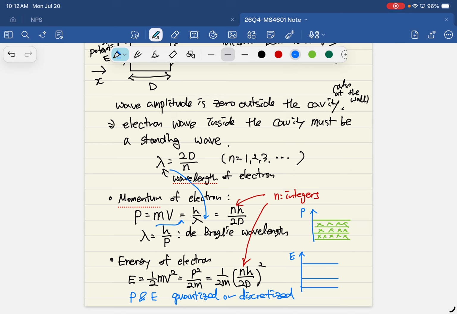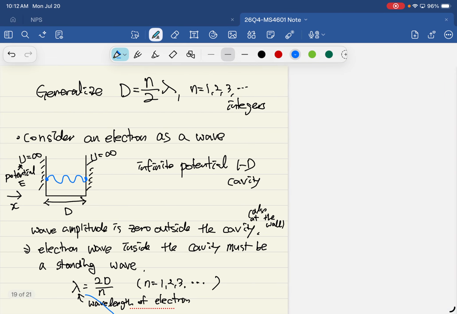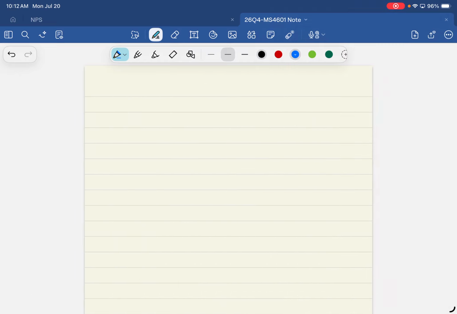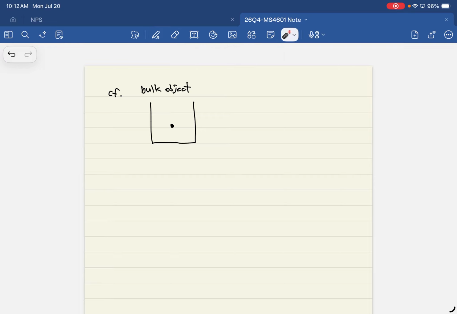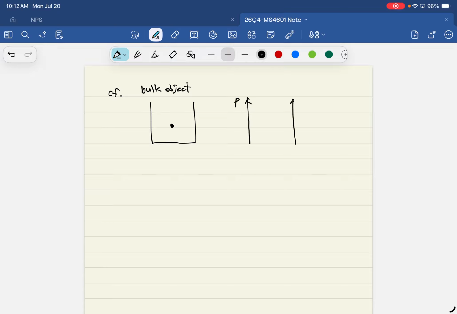And this is unlike a bulk object. Why is that? Let us consider a bulk object. When we consider this cavity with infinitely high walls and put a bulk object in this cavity or bucket, how do the energy and potential vary?